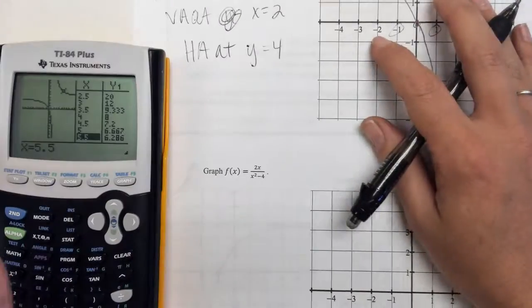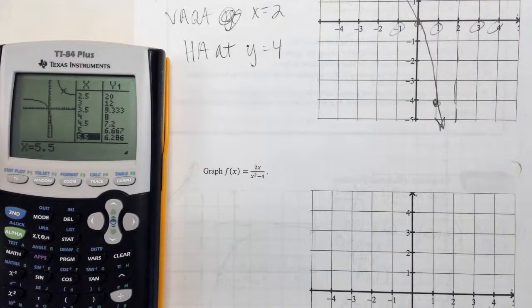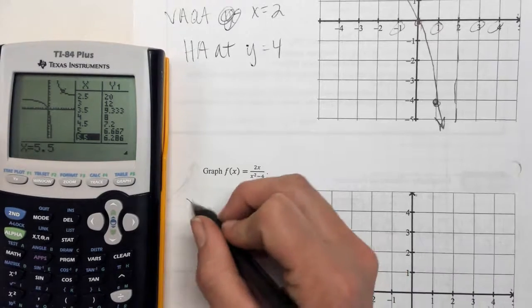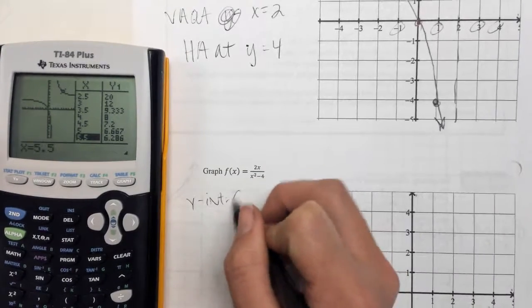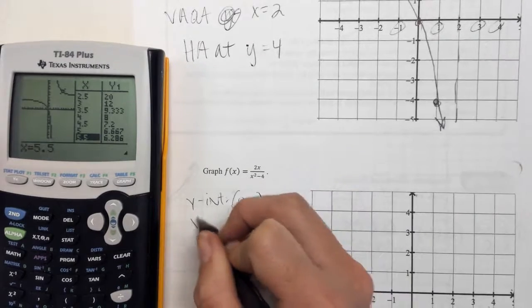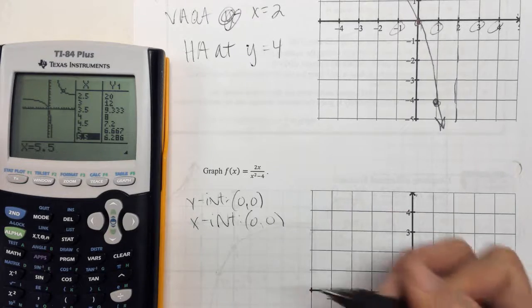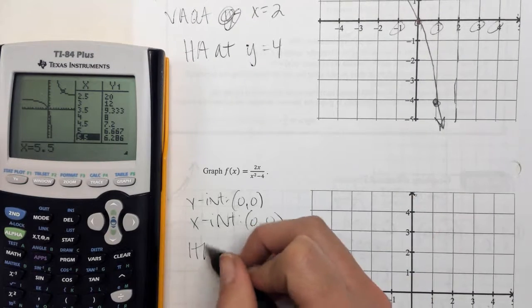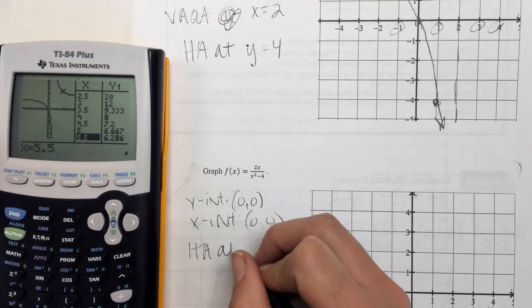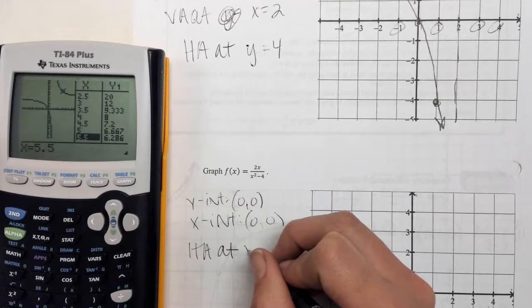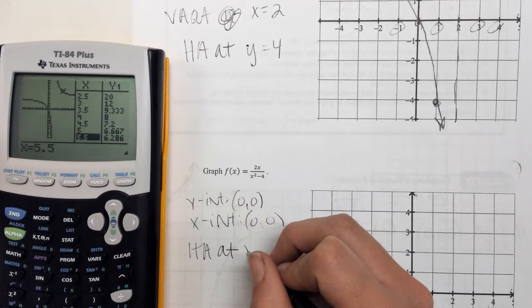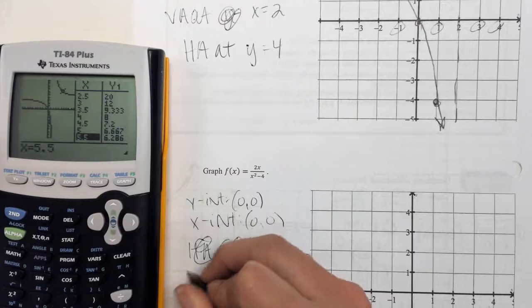Alright, next one. So on this one, the y-intercept, set x to 0, you'll get 0, 0. X-intercept, same thing. Let me do VA first.